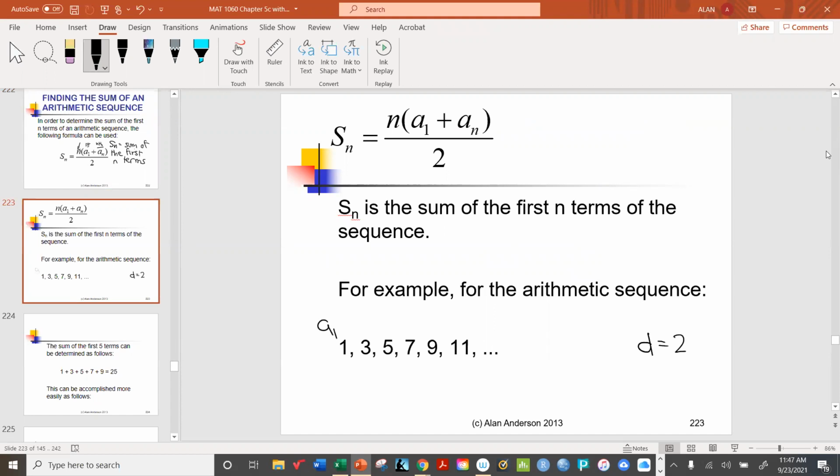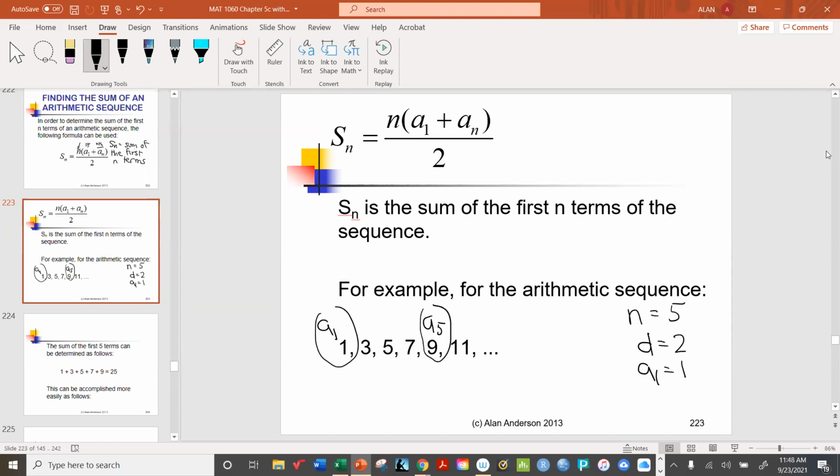Here's a1. Suppose I wanted to know the sum of the first 5 terms. That means that n is 5. And therefore, I also need, in this case, to know the value of a5. Now, if you notice, I don't need, for the formula, the intermediate values. I just need the first and the last.